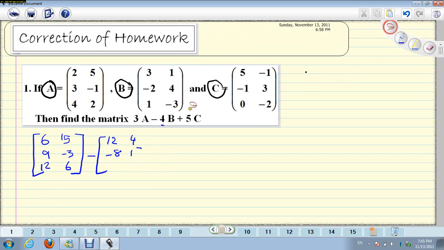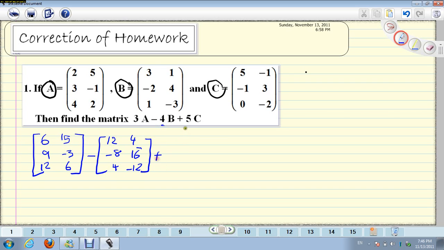I'm gonna erase it. Okay, again, we have here 4 times 4, it's 16. And 4 times 1, it's 4. 4 times negative 3, it's negative 12.